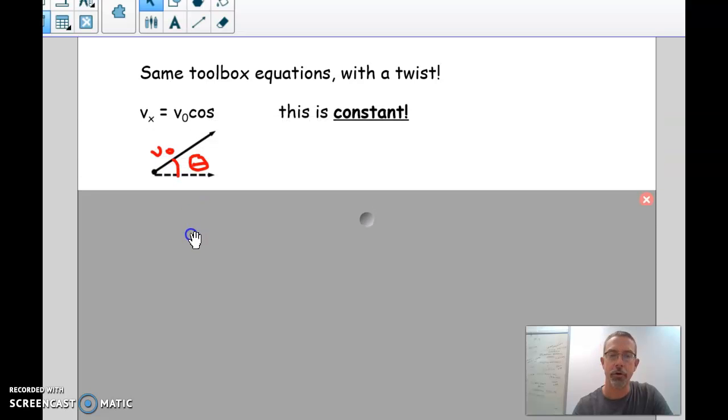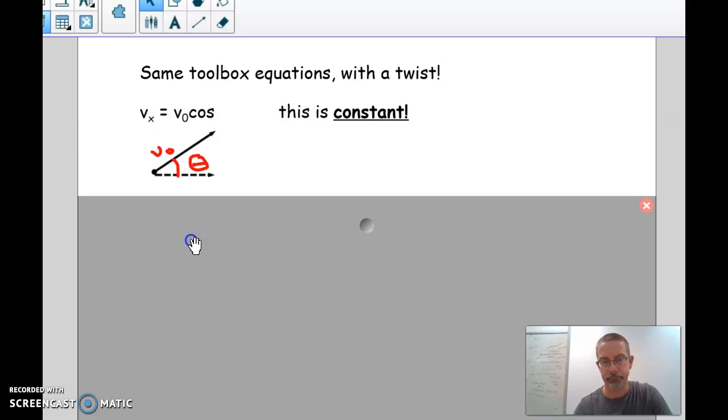Okay, so before we even start thinking about stuff, with horizontal motion we said that my velocity in the x direction was constant. But now all we have to do is realize that if we launch something at an angle here, my x component of velocity is just the adjacent leg of this hypotenuse. And so my velocity in the x direction is going to be whatever my velocity is at this angle times the cosine of theta. That's going to be constant.